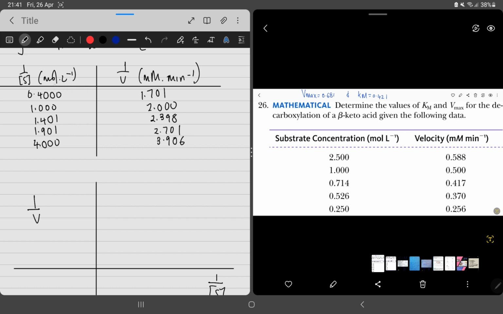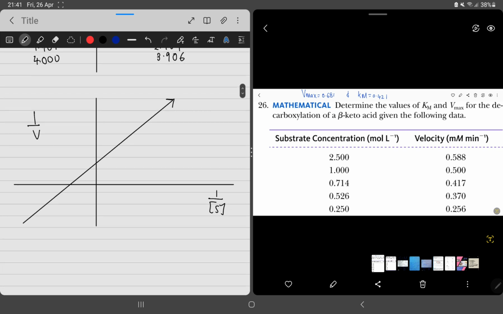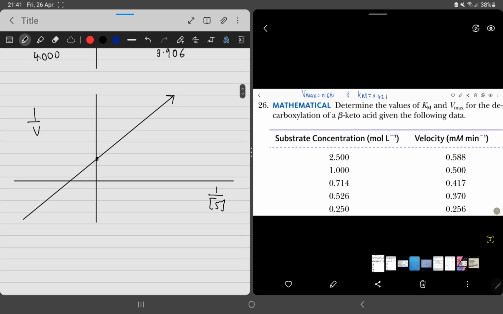So now I'm not going to plot the values, but when you do, your straight line should look like that. It will always look like that. Okay, where on your y-intercept, you're going to have 1 over Vmax, and then on your x-intercept, you will have -1 over the Km value.